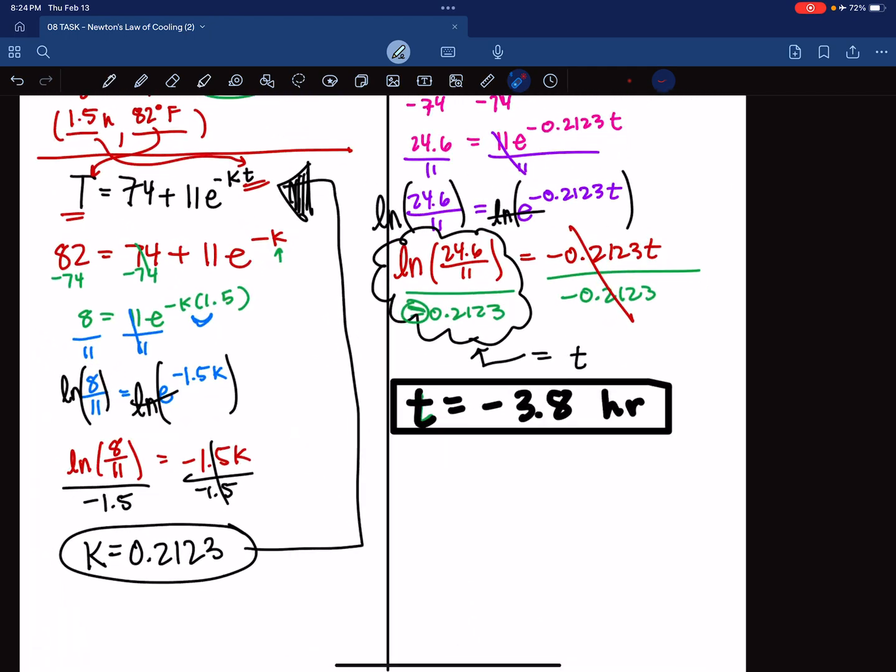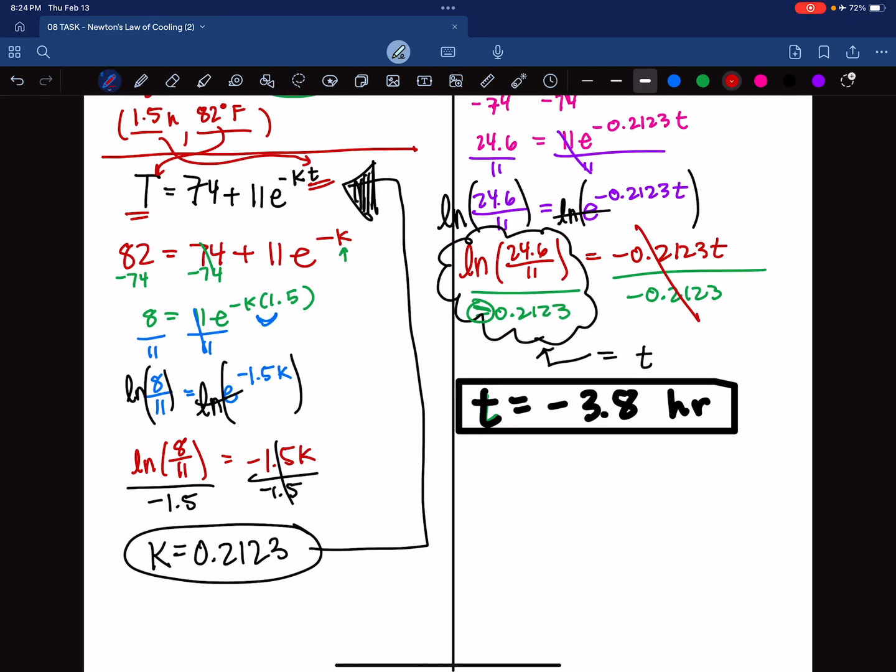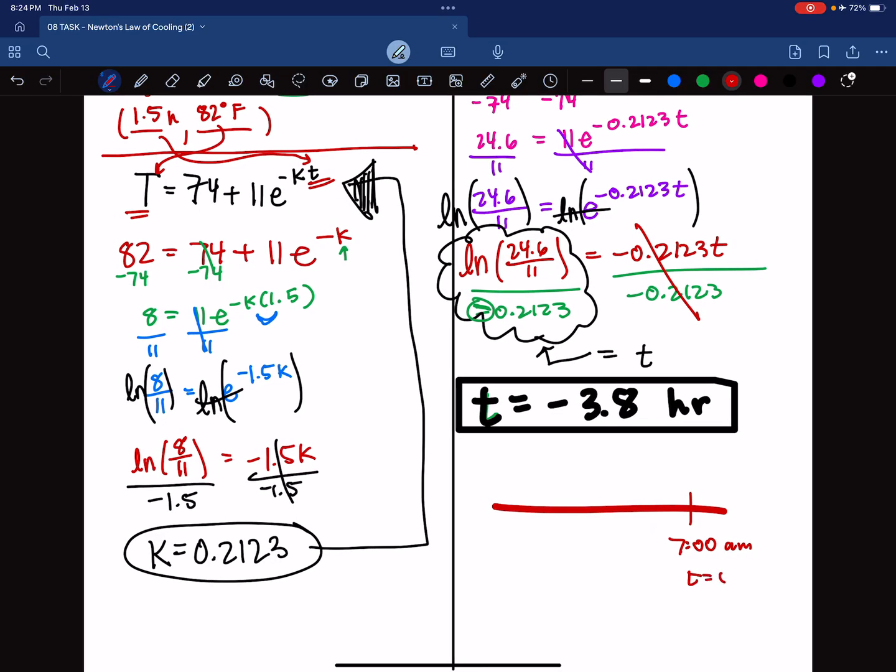So this negative time makes sense in this context because if I think about a number line, 7 a.m. is actually corresponding to time 0. This is like when everything first was measured.